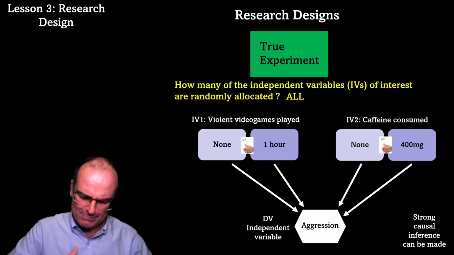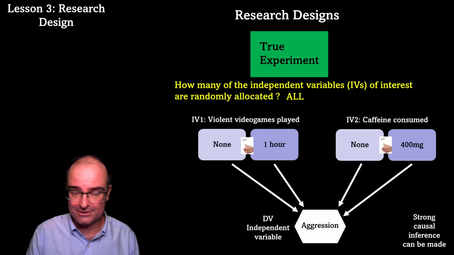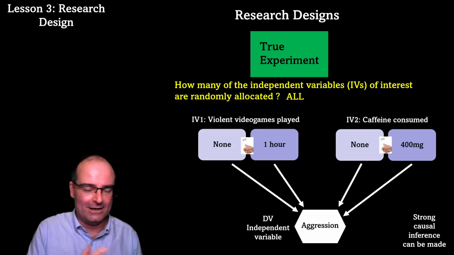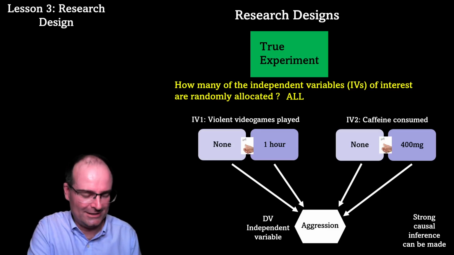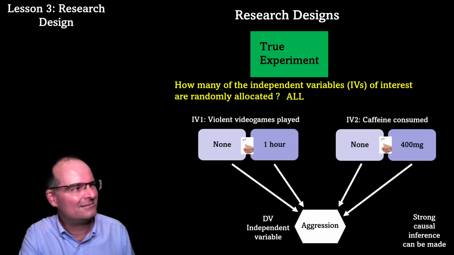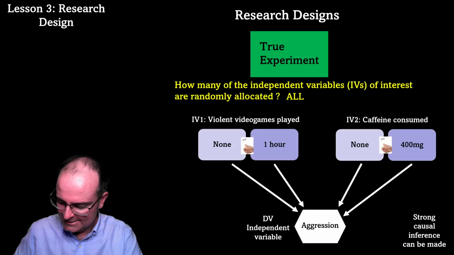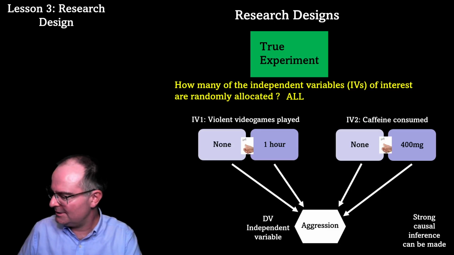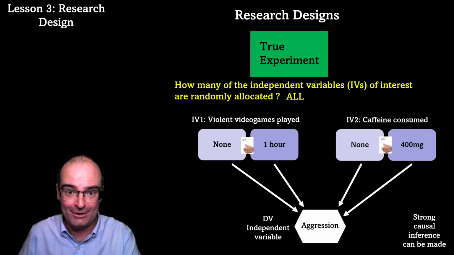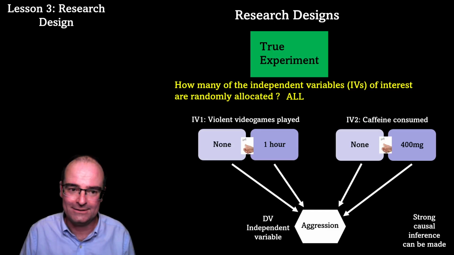So to make that practical and work as a study, oh, thanks for signing up for my research, toss a coin, get a computer to pick, right, you're going to play something awesome like Stardew Valley, which is not, is it violent? No, it is in the caves. You're going to do a farming game that doesn't involve violence, which is none, or you're going to play Doom or Fortnite or something like that for an hour, something violent. So you're actually going to tell people to do one of these things.